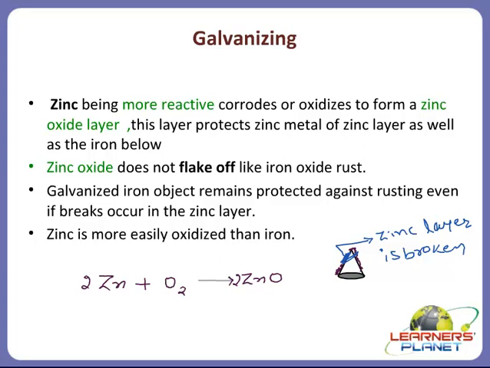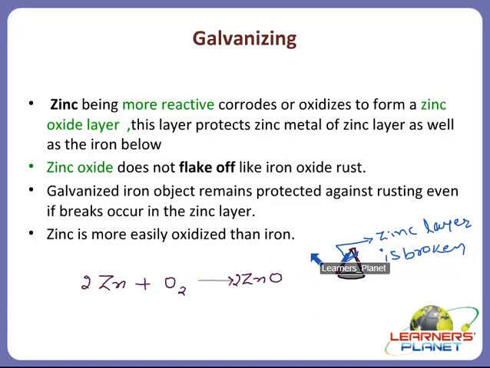Now what will happen? Your iron is exposed, so it should get oxidized, but it doesn't happen. The zinc present in the surroundings gets oxidized, and still the iron is protected. So zinc here is more easily oxidized than iron.